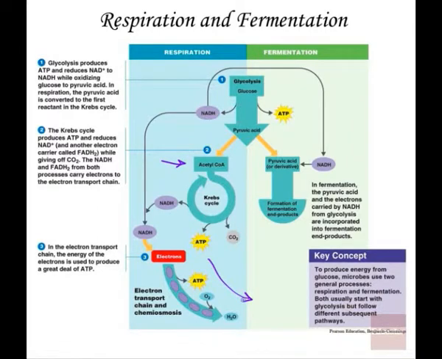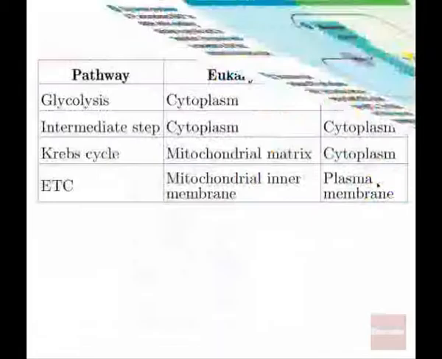Now, in fermentation, on the other hand, we start with pyruvic acid, just like with aerobic respiration, and we go through these various steps of fermentation, and we come out with these end products, and we come out with some ATP, but the ATP from fermentation is considerably less than the ATP that comes from respiration.